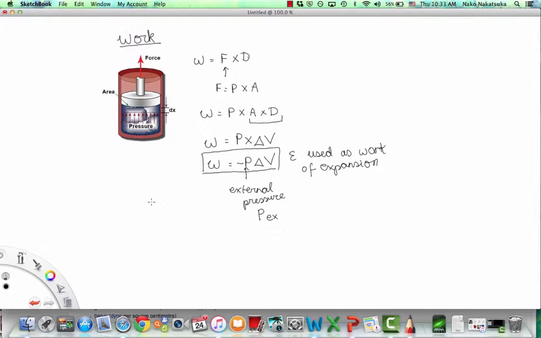Since all of thermodynamics is the study of changes in energy for systems at equilibrium, we refer to all changes, such as the change in volume, as occurring in very small steps. So since we're looking at changes in energy for systems at equilibrium, changes occur in small steps.